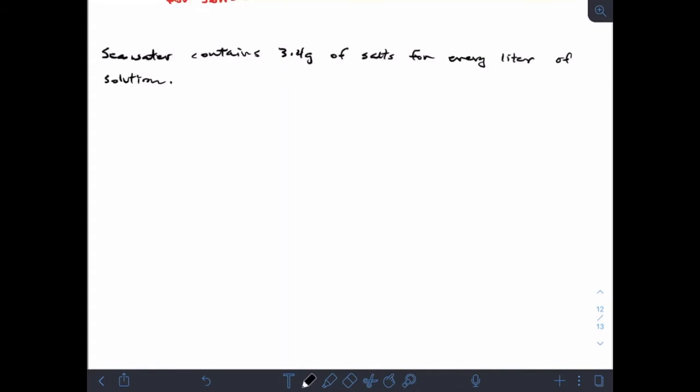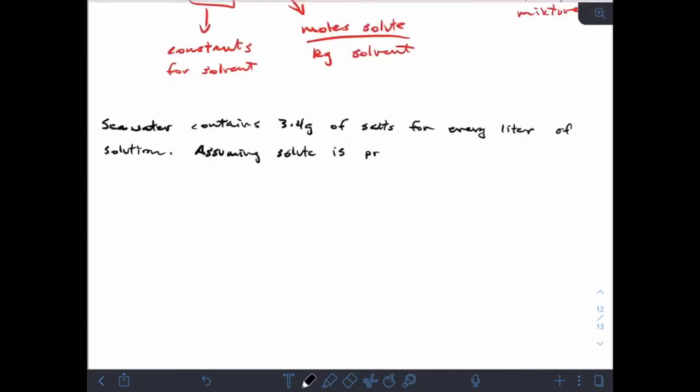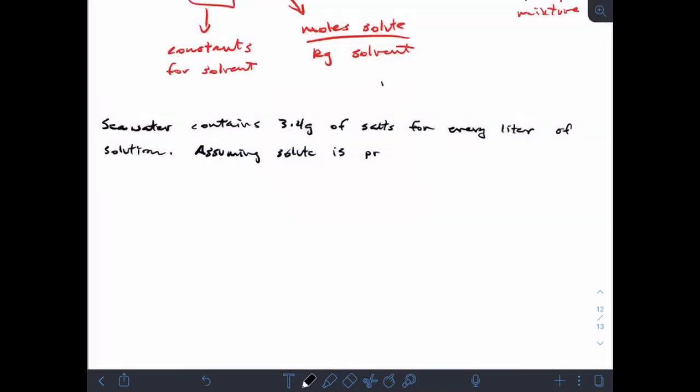Assuming the solute is primarily sodium chloride, calculate the osmotic pressure of seawater.